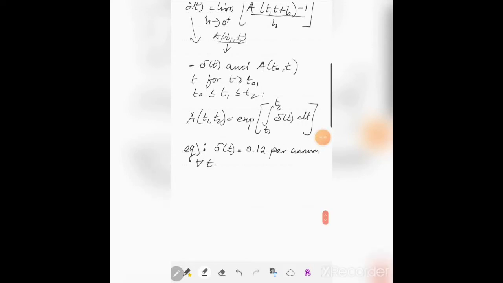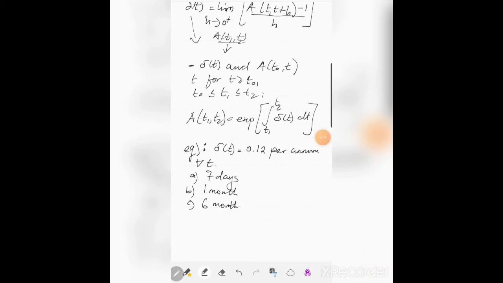So the question is, find the nominal rate of interest per annum on deposits of term A, 7 days, B, 1 month, and C, 6 months.